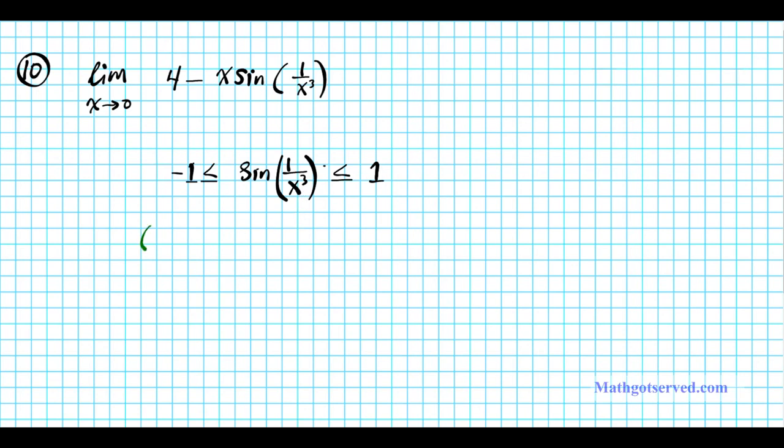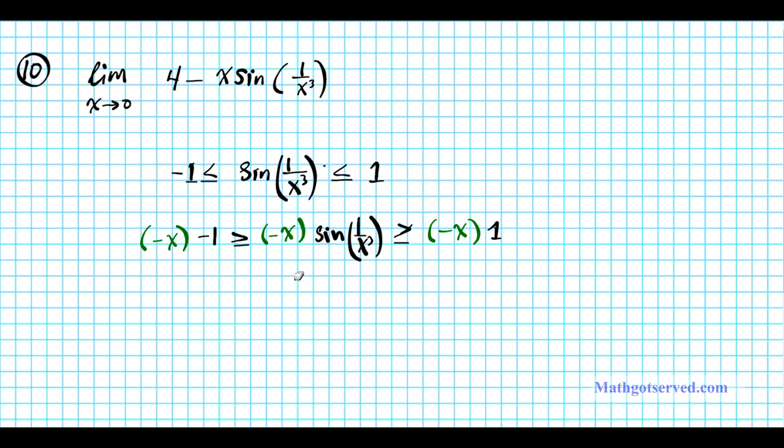So if I multiply all three sides by negative x, negative x times the left side, I have to invert the inequality symbol. Then negative x times the center expression, and then reverse the inequality, negative x times the last number, which is 1.